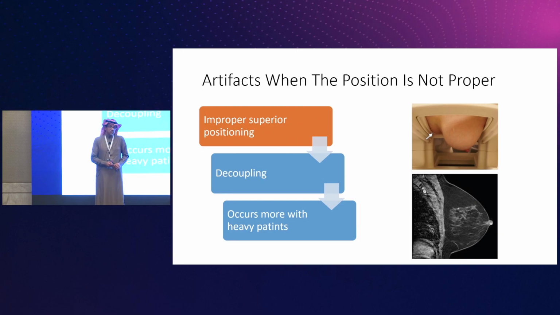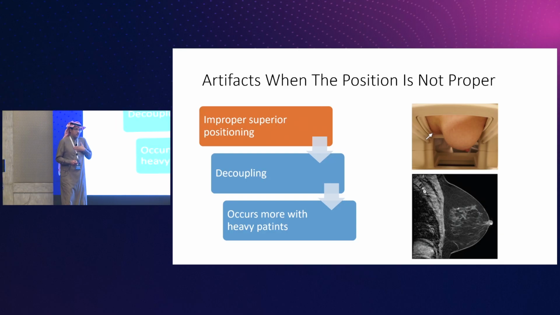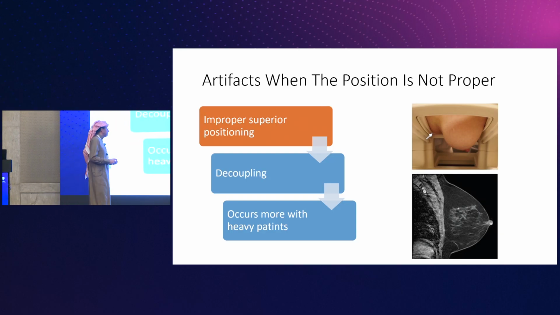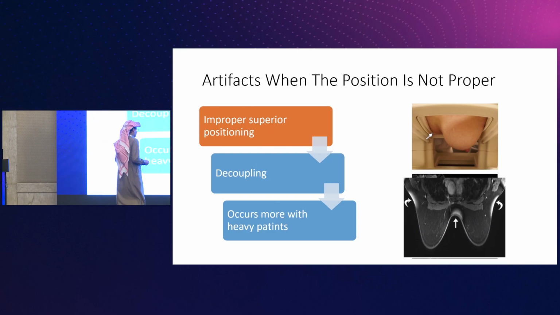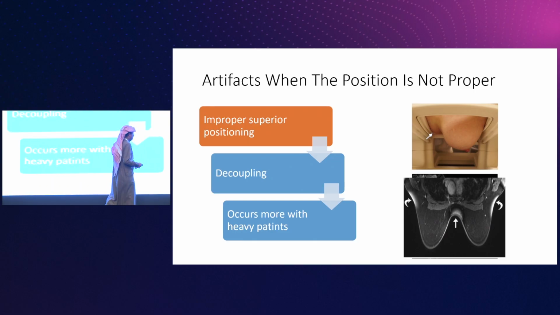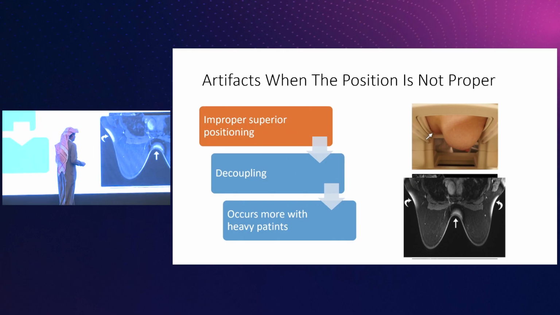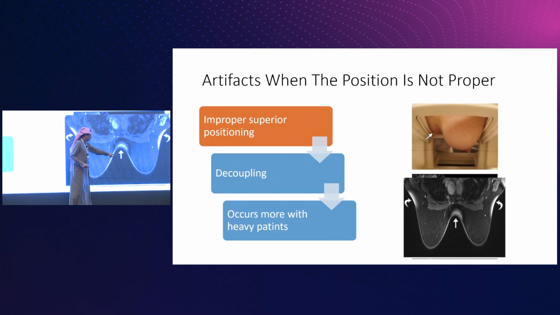What should you do? I said the reason just a few seconds ago: decoupling, because you pressed on the coil. So you put a small towel between the chest and the coil. You might also have this with a heavy patient, at the side and at the middle.